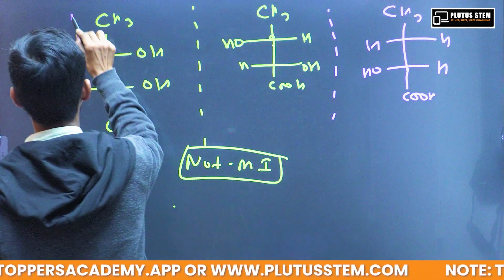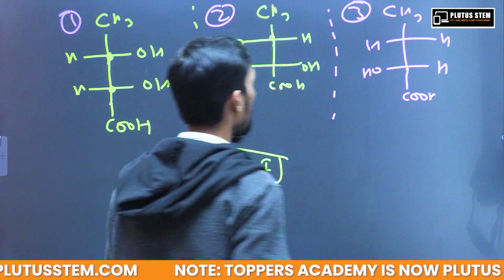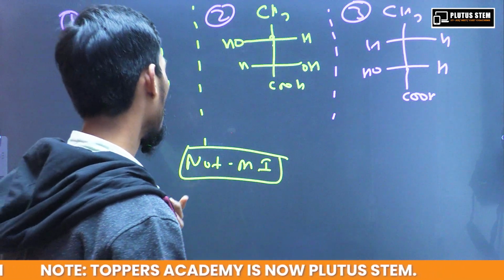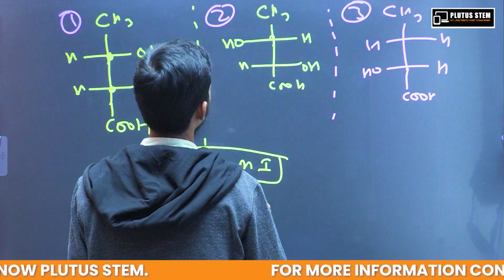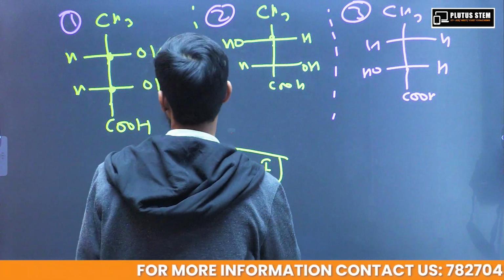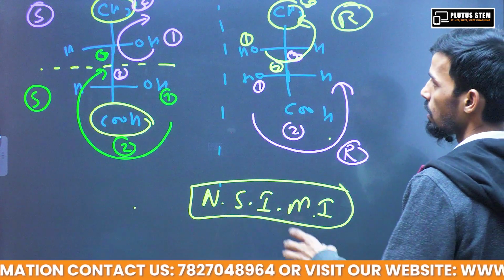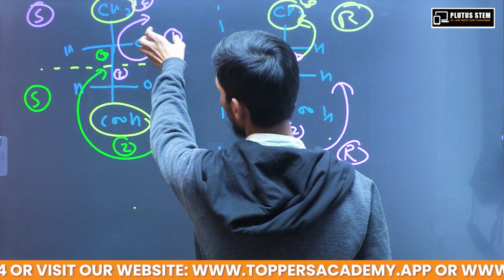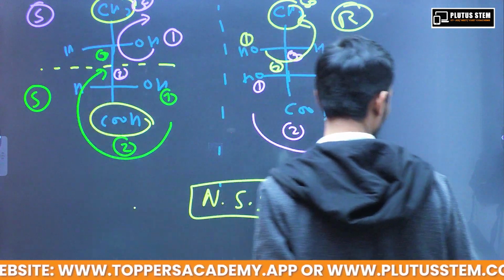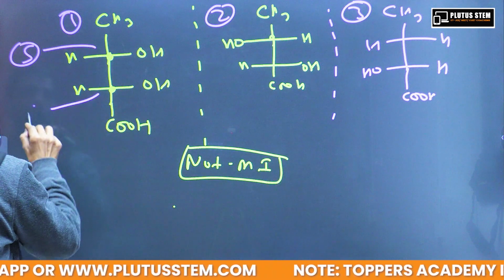Let's say this is 1, this is 2, this is 3. I think we have calculated the RS for this compound, COH, OH, OH and CH3. The same compound, both sides OH and CH3, so both are having S. So this one is S and this one is S.